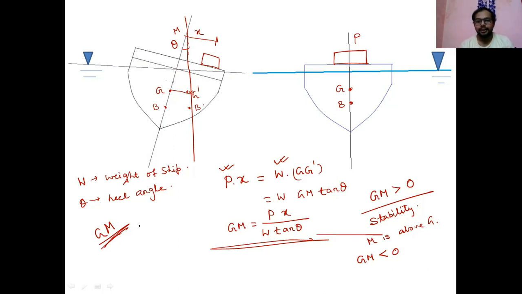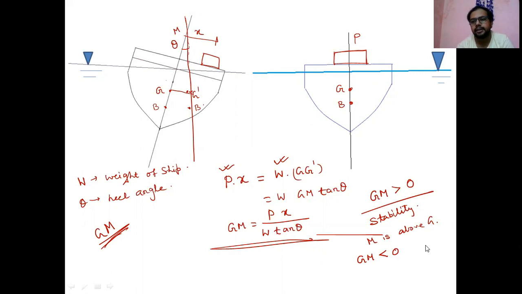Next lecture, we finish here. In the next portion, we will see how the metacentric height compromises our comfort level, and we'll go for some problems regarding this topic. We'll come back just now.